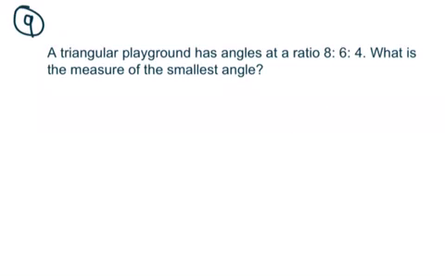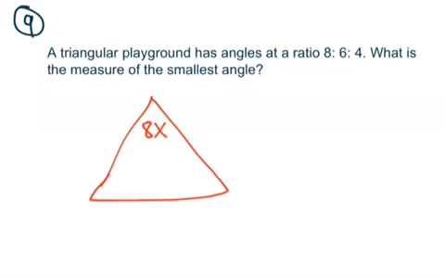Next one. Triangular playground has angles at a ratio of 8, 6, and 4. So if we draw in a triangle, then the three angles at a ratio of 8x to 6x to 4x, since they're in a ratio of 8, 6, and 4. So those three angles add up to 180 degrees because it's a triangle.